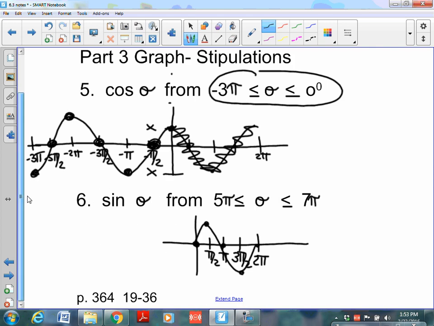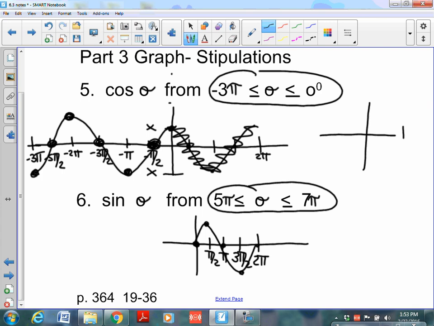They could care less about 0 to 2 pi, right? They want you to graph 5 pi to 7 pi, right? But don't sine and cosine graphs always repeat? So let's just look at this. 1, 0, 0, 1, negative 1, 0, and 0, negative 1.